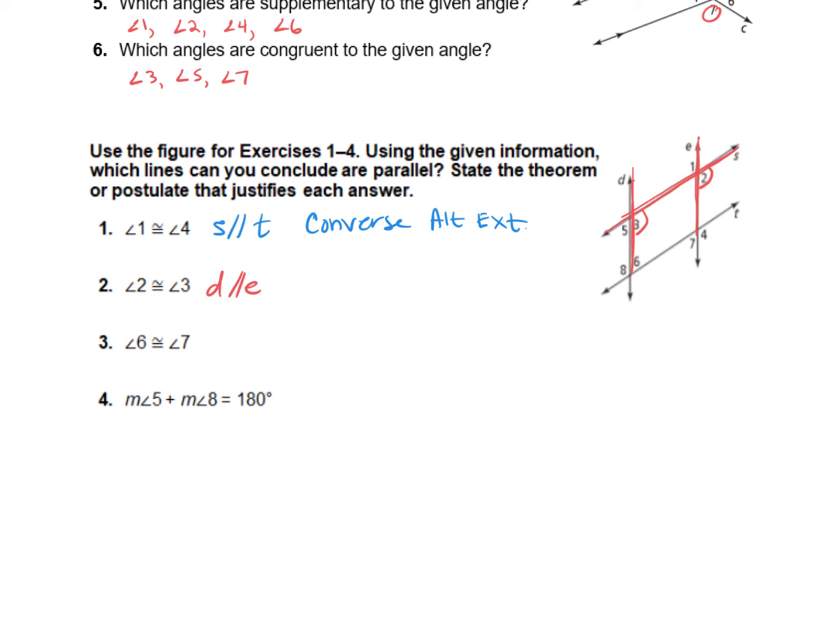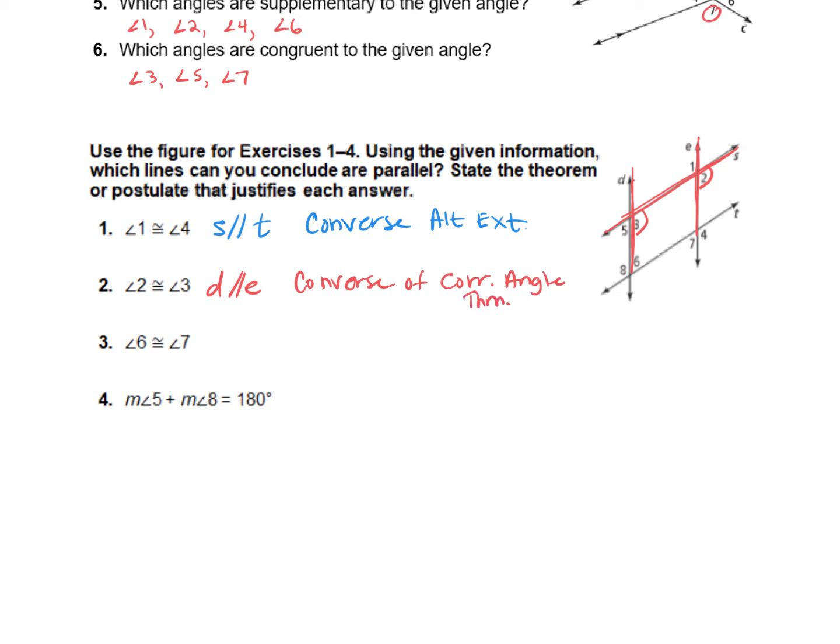What angle pair is that? 2 and 3 are in the same position. Those are corresponding angles. So if your corresponding angles are congruent, you can conclude that lines are parallel by the converse of the corresponding angle theorem.